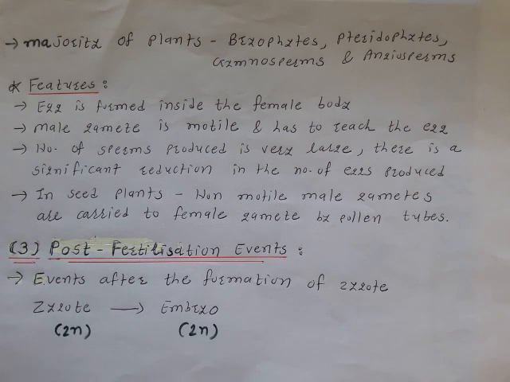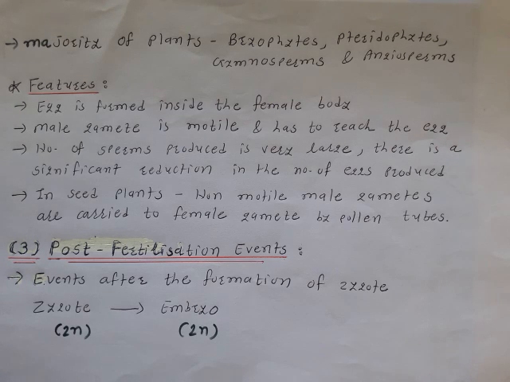There is a significant reduction in the number of eggs produced. In seed plants, non-motile male gametes are carried to the female gamete through pollen tubes and the fertilization process takes place. This way, two types of fertilization, external and internal, take place in various organisms.